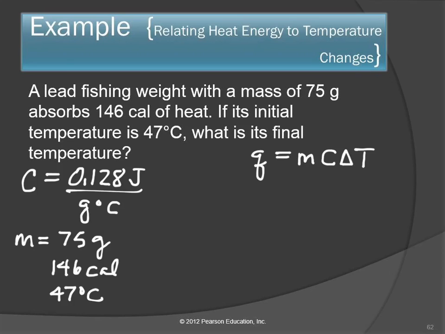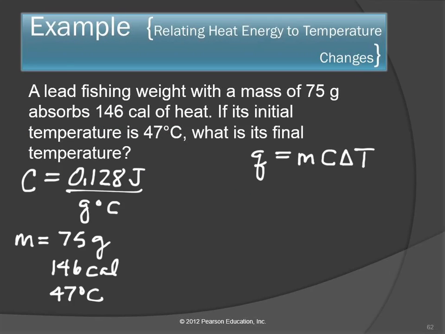146 calories, what's that? Calorie is a unit of what? Length, mass, energy. So that's a unit of energy. Heat is energy and Q is heat. It says it absorbs this many calories of heat.